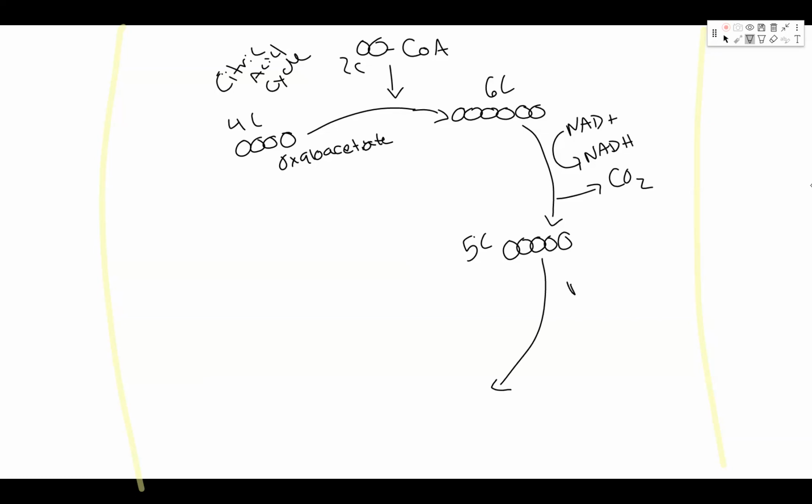We're going to take another NAD plus, get another NADH, and lose another CO2. And now we have a 4-carbon intermediate.